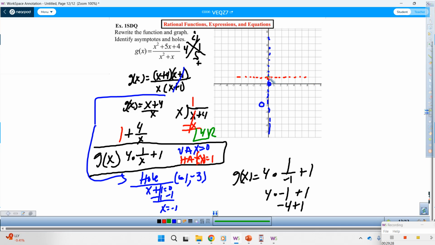So, from here, I'm going to go 1 to the right and 4 up. Why 4, Mr. Q? Because of that. 1, 2, 3, 4. And then 1 to the left, 4 down. 1, 2, 3, 4. There's a hole there, so that means I do this. There you go.